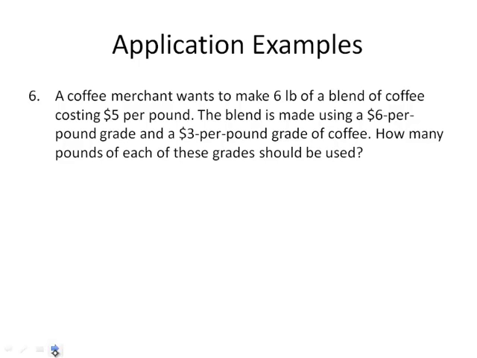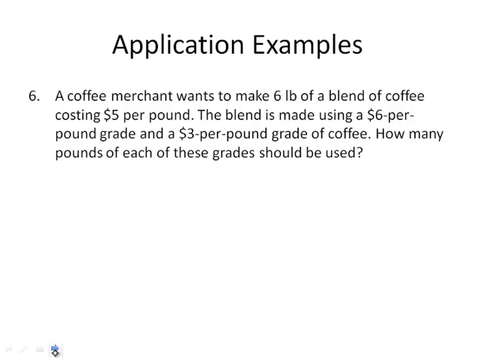Okay, this next one here, we've got a coffee merchant. He wants to make a 6-pound blend. Right away, this rings to me as some sort of mixture problem. So, 6-pound blend of coffee costing $5 a pound.